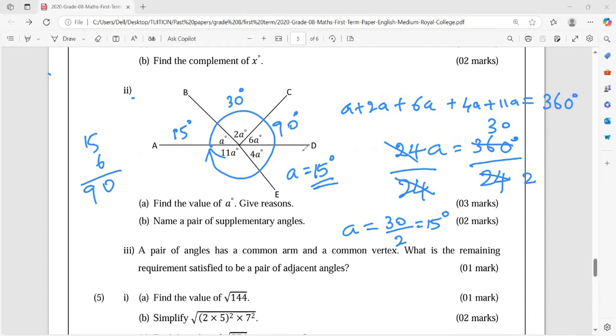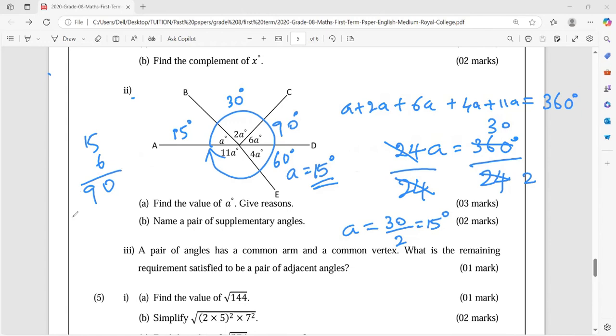Right. And then you need a pair of supplementary angles. So if it is supplementary, the sum has to be equal to 180. Right?